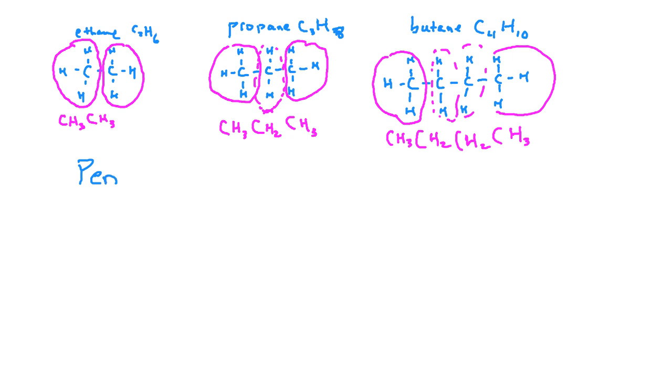Pent is 5, so we know the formula is C5, and ane is 2n plus 2. 2 times 5 is 10, plus 2 would be 12. So let's do this quick: 1, 2, 3, 4, 5. There's my pentane.